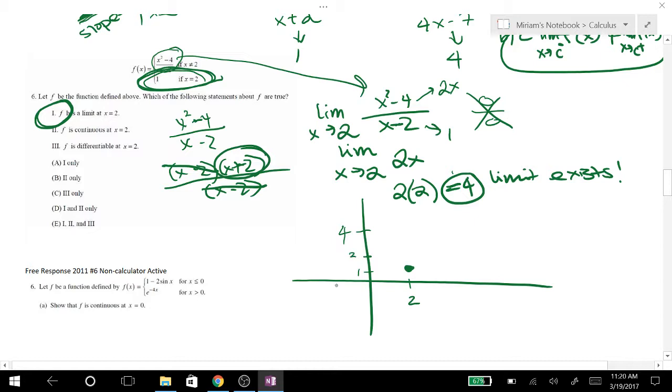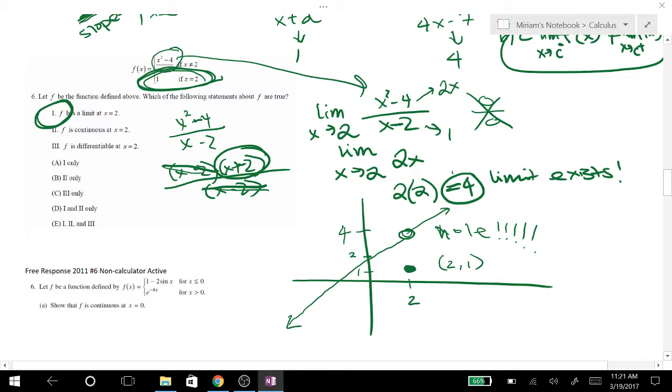That means I start at 2 with a slope. That means I do meet at 4, but there's a hole there. And I know there's a hole there because I canceled x minus 2 from top and bottom. And also, there's this little guy right here that tells me at x equals 2, my y value is 1. So that's 2 comma 1. If I look at this picture, is that continuous? It's not. There's a hole. And unfortunately, the hole is not filled in.